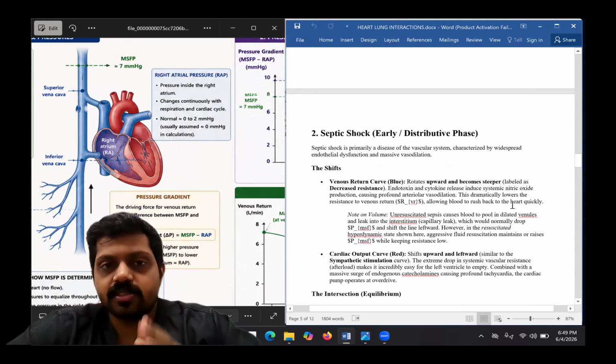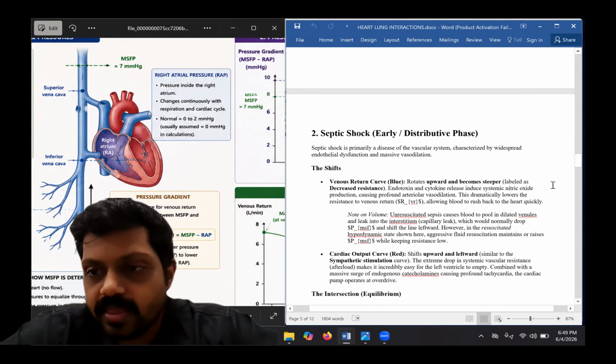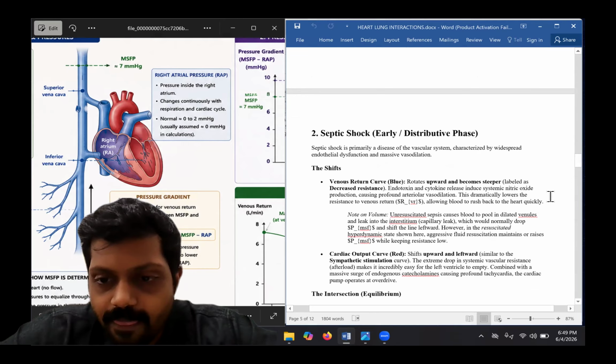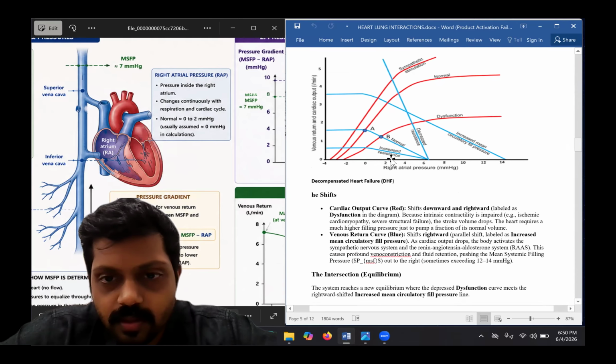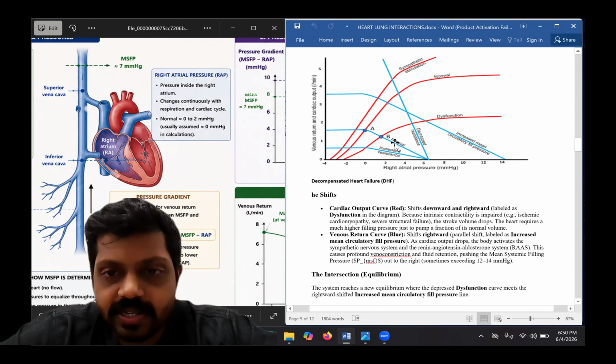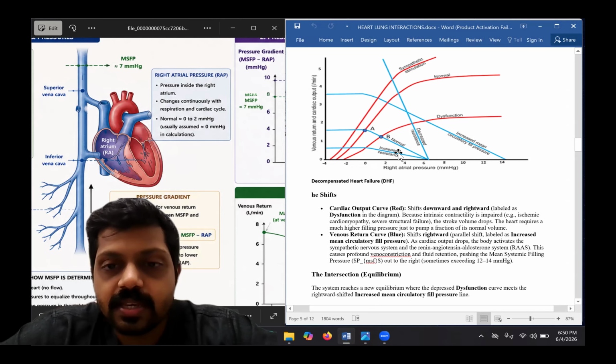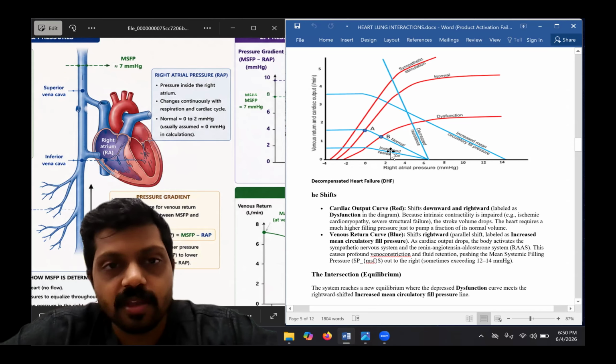This causes the mean systemic filling pressure to reduce and the line is shifted leftward.